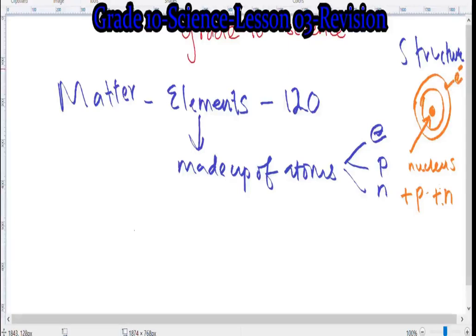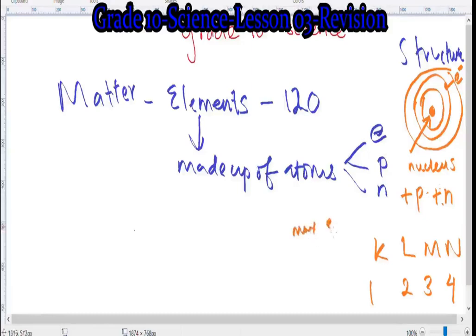Right. Now these energy levels or orbits are named. You know that they are named either K, L, M, N, or you can just name them by numbers. So these have a maximum number of electrons that they can have. In K, it was only 2, which was the first one.